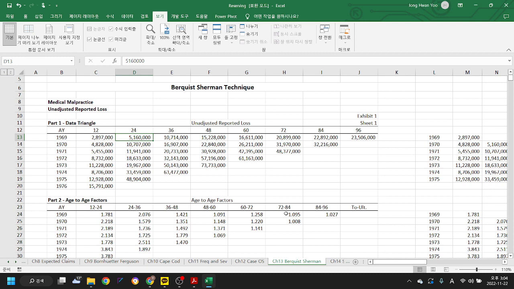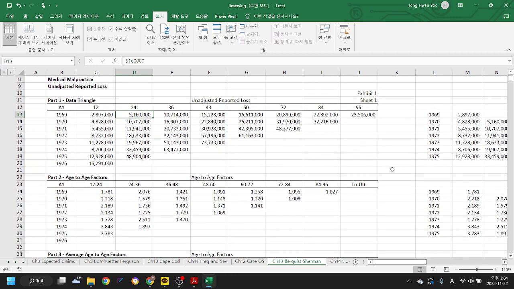And here I'm going to demonstrate where we start from. Obviously, we are given a cumulative paid loss triangle and a case outstanding loss triangle.